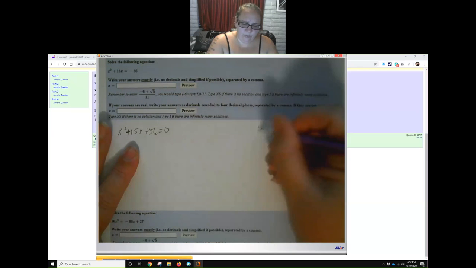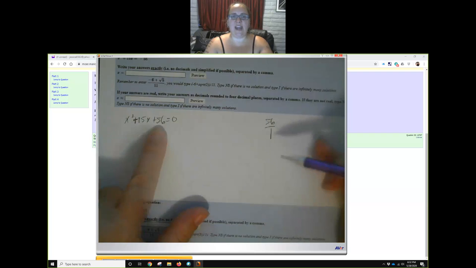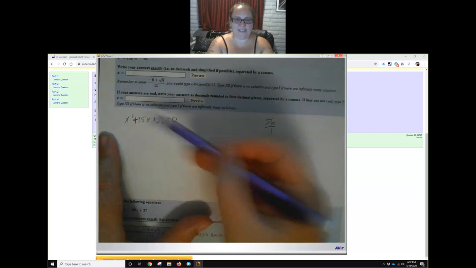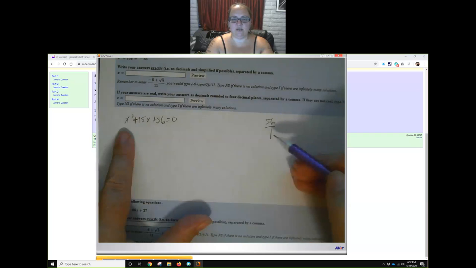So when I check to see if I can factor, I make a t-chart, and that t-chart is the factors of c. If you have an a value, if there's a number in front of the x squared, then you multiply that times c, and then you make your chart with that number. If there's no a term, then you just use c.